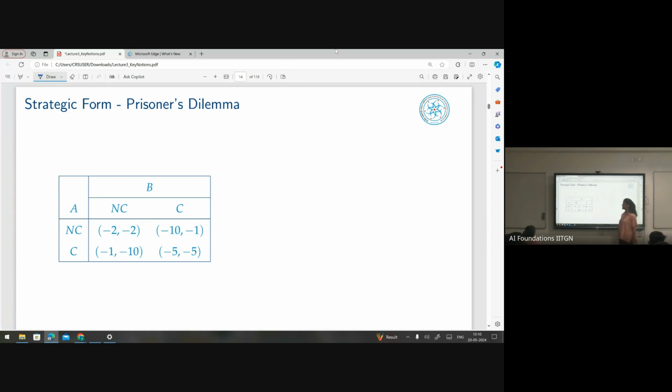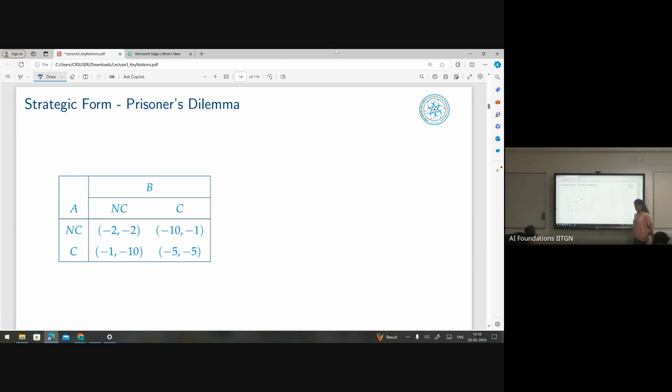If one of them confesses and the other does not, then the one who confesses is let off with just a year in prison, and the one who does not confess gets more pain. When both of them confess, they share the negative utility, or 5 years of jail time.